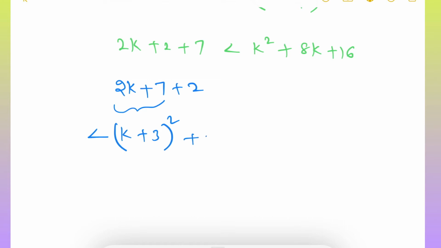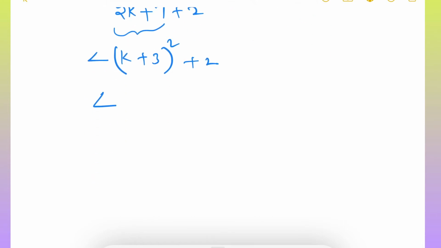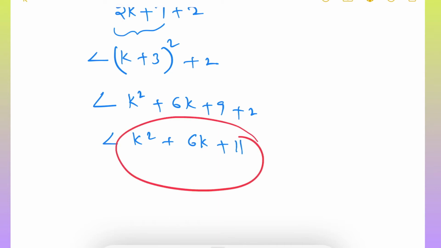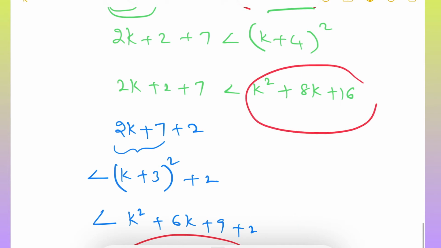So this 2k plus 7 is less than (k plus 3) whole square. Here plus 2 is there, so that as it is, is less than (k plus 3) whole square plus 2, which if we expand is k square plus 6k plus 9 plus 2. So this is also less than k square plus 6k plus 11. Now compare the left side answer with the right side part which we have.